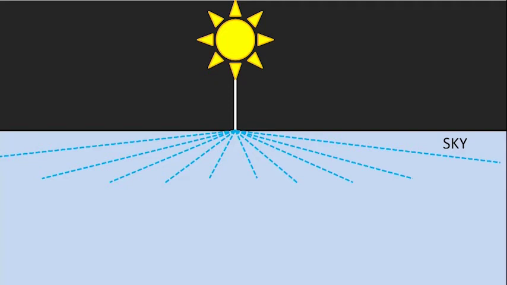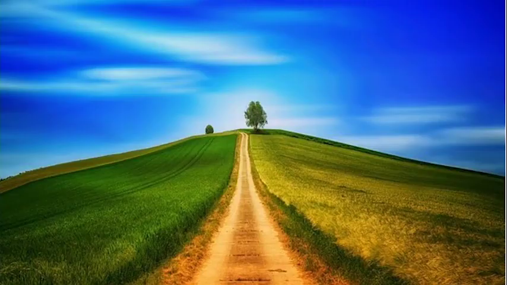Very effectively the blue light is scattered. The blue light is more scattered compared to all other colors. That is why that blue light comes to our eyes and we can see the color of the sky as blue. What a nice explanation.